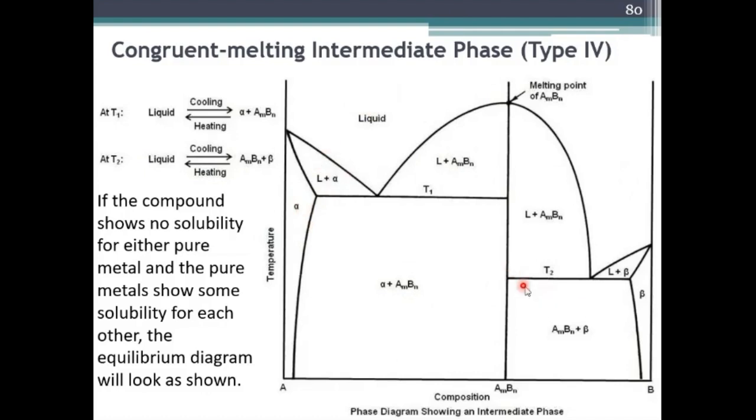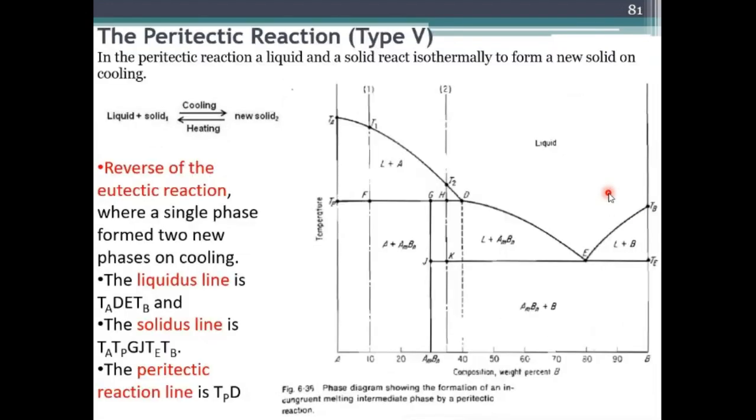Similarly, here the eutectic point is here. Two intermetallic compounds are there, right? Here the compound is AmBn plus beta. So L plus beta, L plus AmBn, and here it will again be liquid. So this phase diagram shows the intermediate phase AmBn.